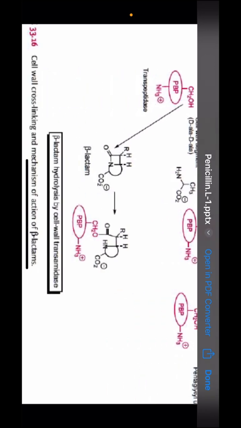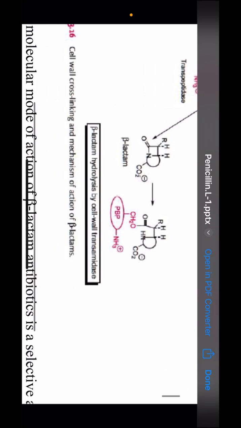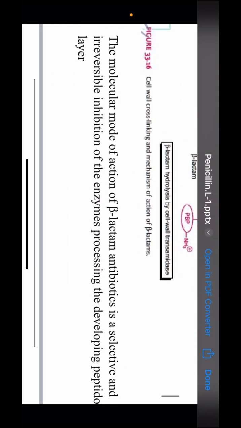When beta-lactam comes, its structure mimics the structure of alanine. In that case, it competes with the alanine for the penicillin binding protein site, so alanine is not bound for the cell wall preparation. The beta-lactam occupies the position and inhibits the cell wall synthesis.